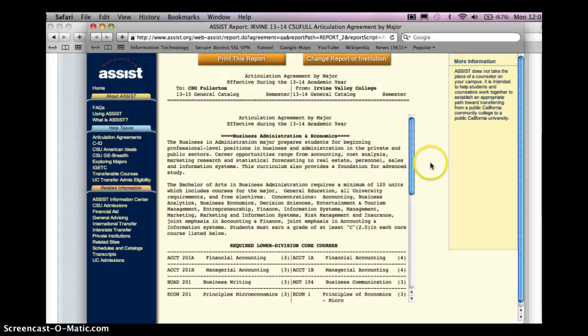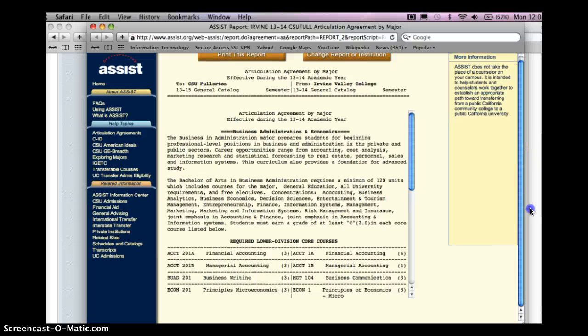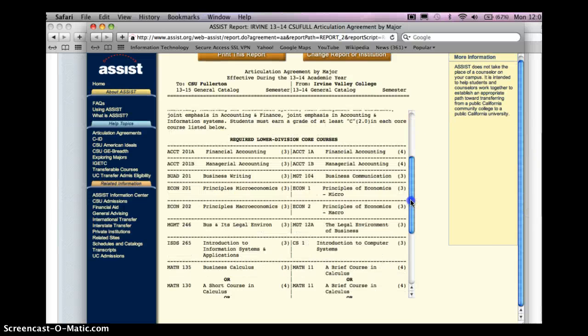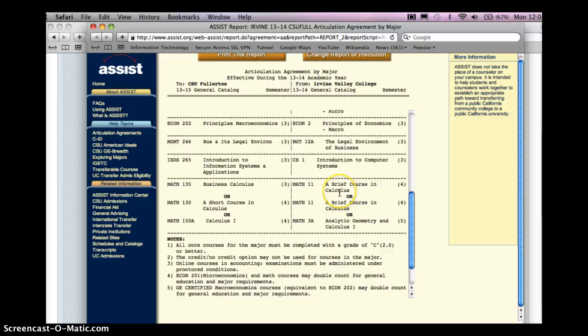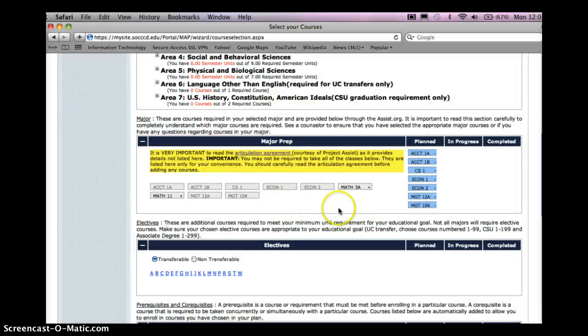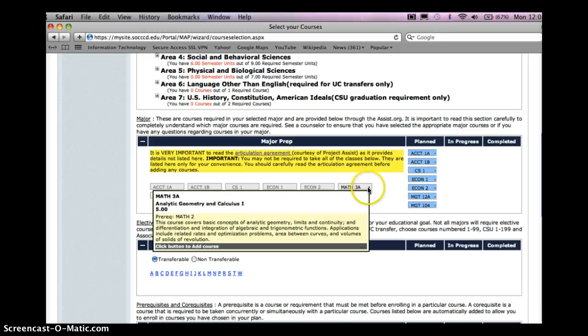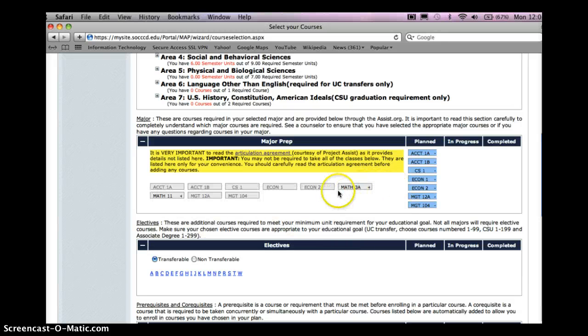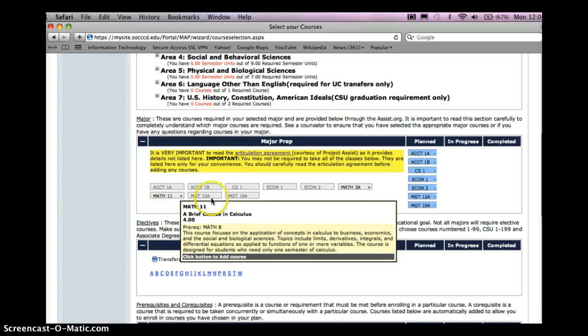When I go back to articulation agreement, it listed for this major that I would either need Math 11 or Math 3A, not both. Okay, I'm going to go ahead and select Math 3A and not Math 11, even though it's here as an option.